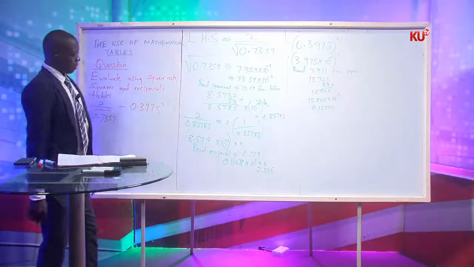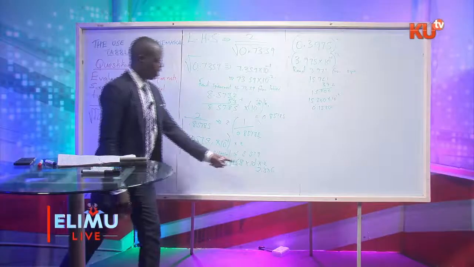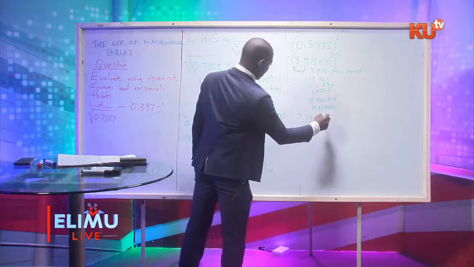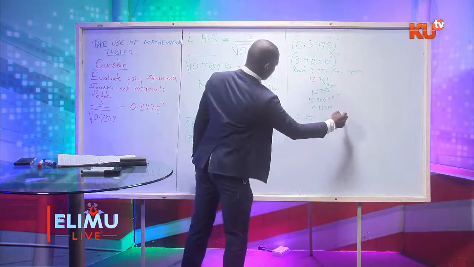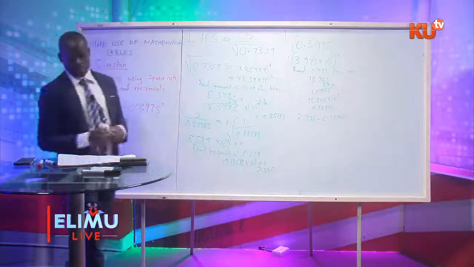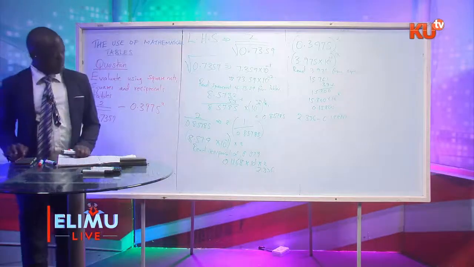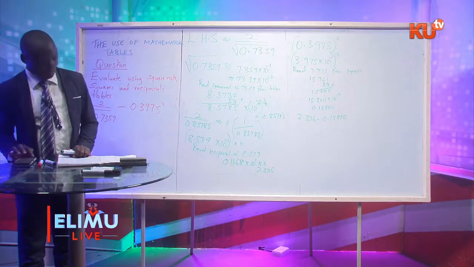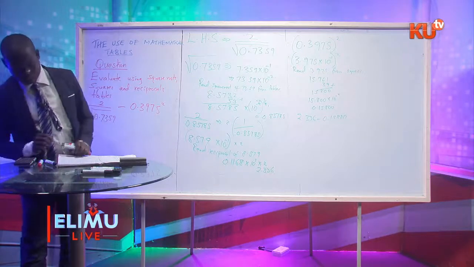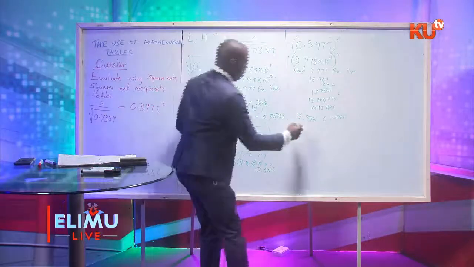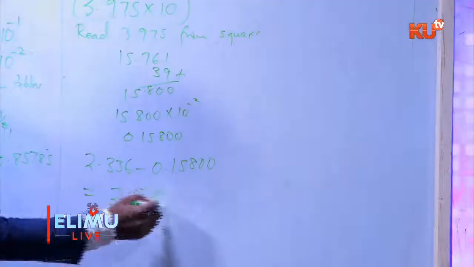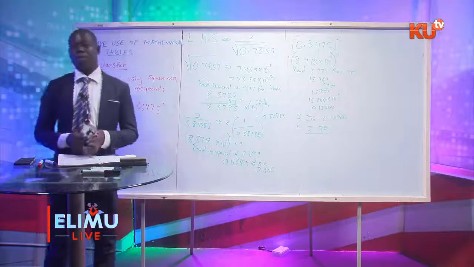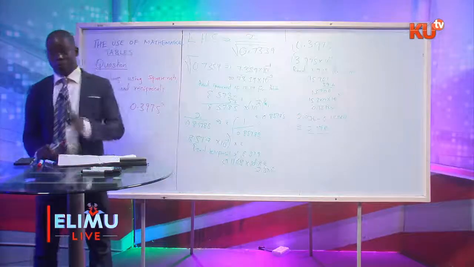And so finally, the question is, we take what we have on the left side, which is 2.336 minus 0.15800. You do that subtraction, and the answer is 2.178. And that is the solution for that question.